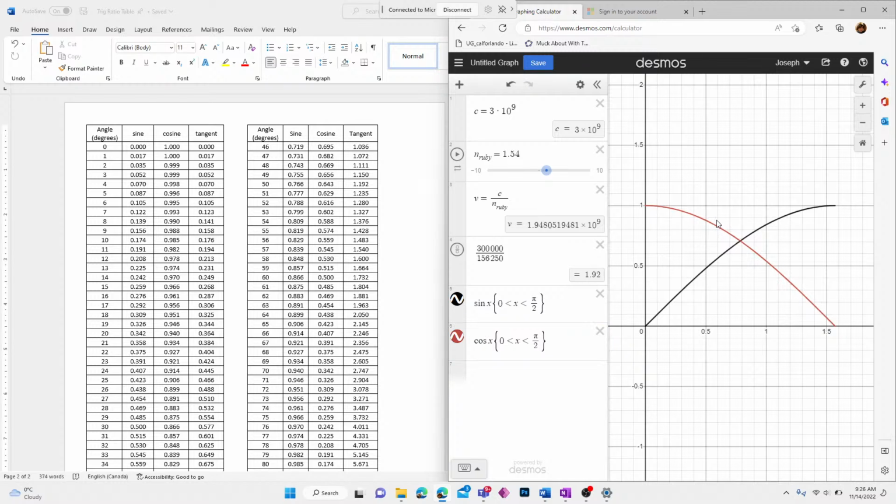Sine and cosine are the exact same thing. They just go in different directions. And the reason we use one or the other, do you see how this kind of flattens out on the top? It can be hard to tell the difference between these two because that curve flattens. So where we might get a kind of wiggly answer with sine, we would use cosine instead, where they're very different in that range. Does that make sense?